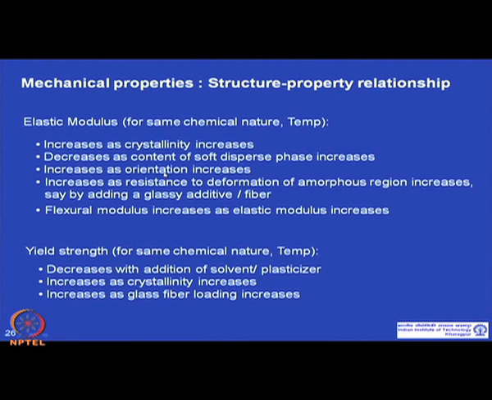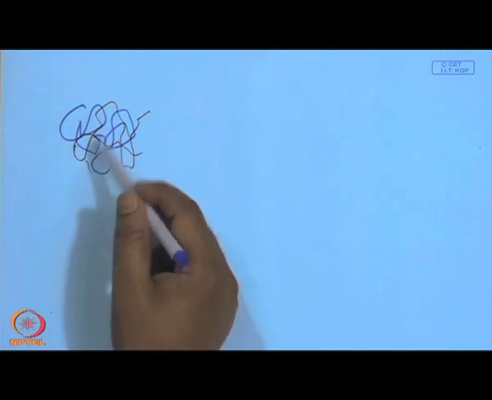If there is orientation, if the chains are already oriented a little bit, obviously if you want to deform further, you have to stretch the polymer chains further. This is the original state.